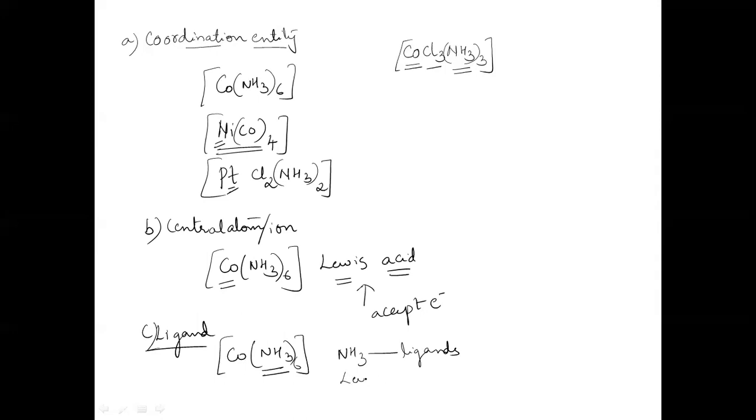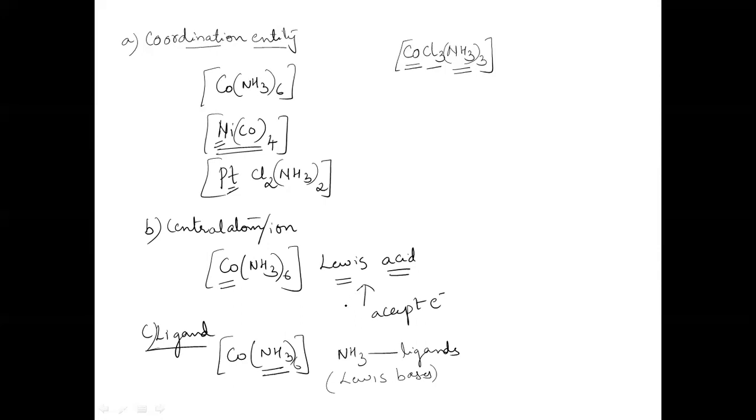So they are acting as Lewis bases. Which is able to donate electrons is nothing but a Lewis base. So the ligands are donating the electrons, and the central atom is accepting the electrons, acting as a Lewis acid.